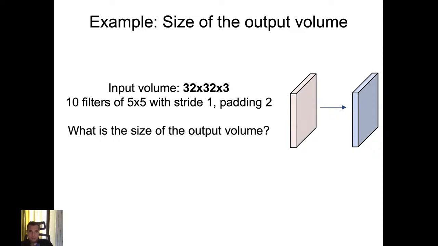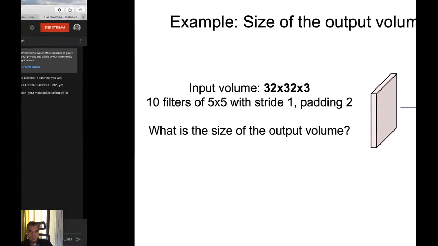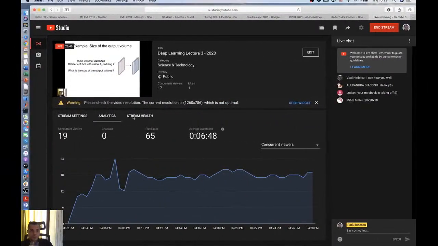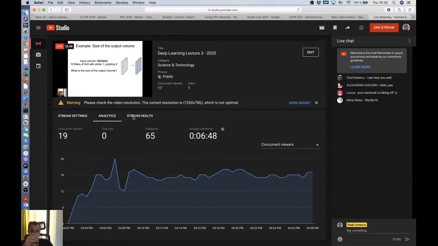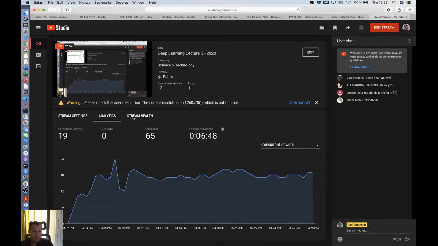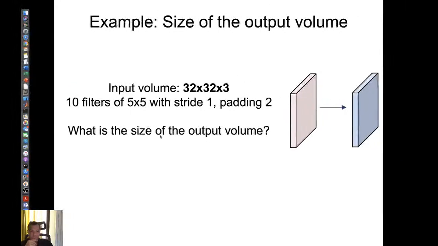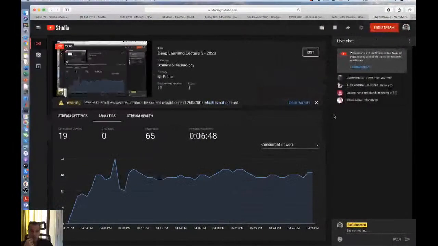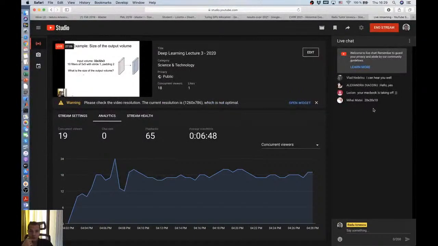I'm waiting for an answer from you guys. Look again: these have stride 1, padding 2, filters are 5 by 5. So Mihai, that's not the right answer.